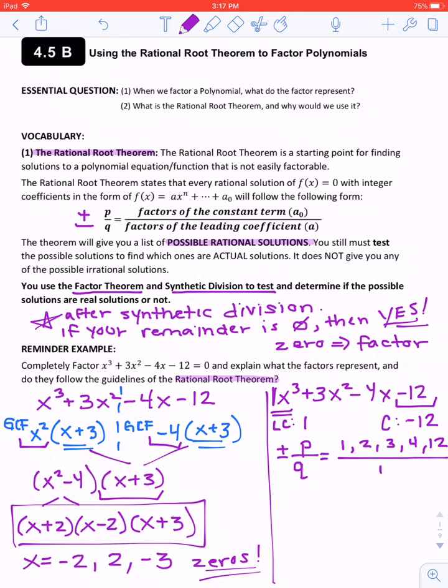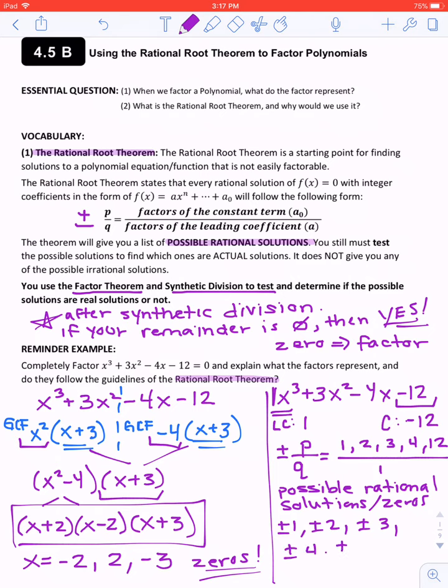So our possible rational solutions or zeros. We got positive and -1, positive and -2, positive and -3, positive -4, positive or -12. They're not all true, and it's only the rational ones.